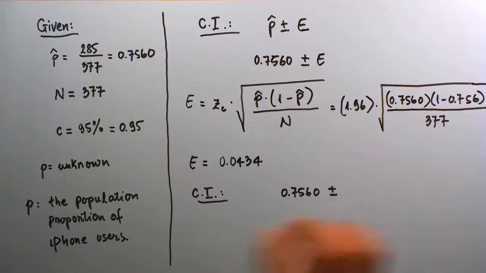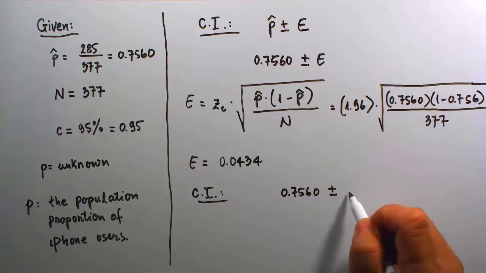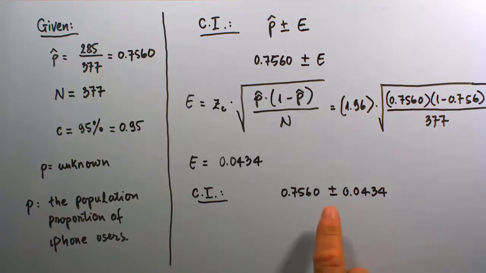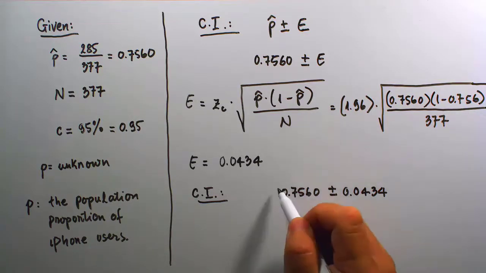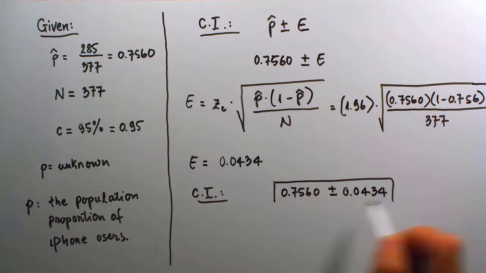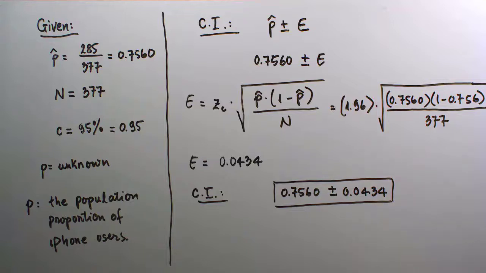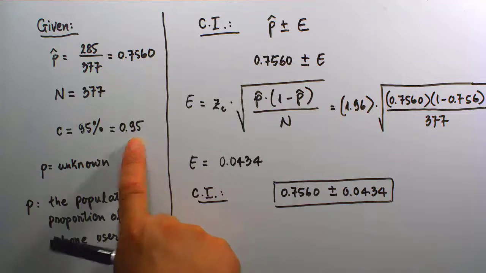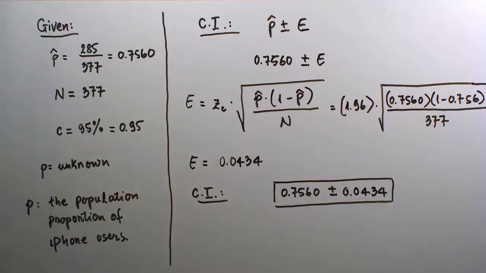The actual global population proportion of iPhone users is anywhere up and down by 0.0434 from our current sample proportion. So 0.7560 up and down by 0.0434, and this interval is guaranteed at success level 0.95 or 95%.